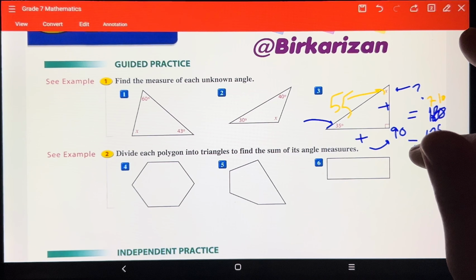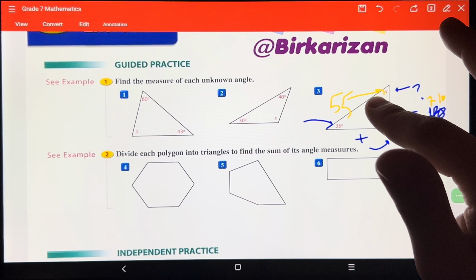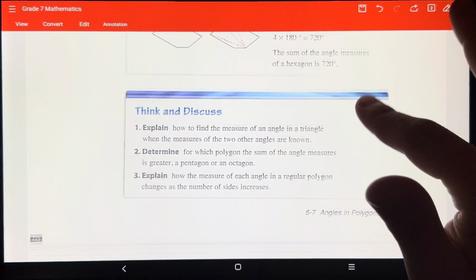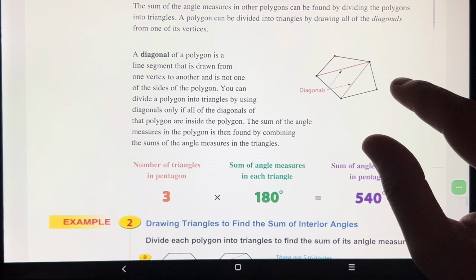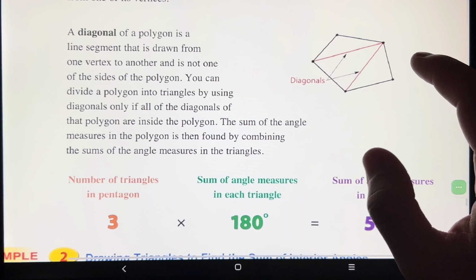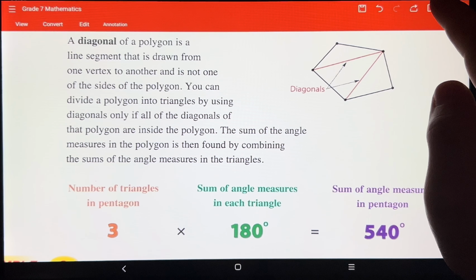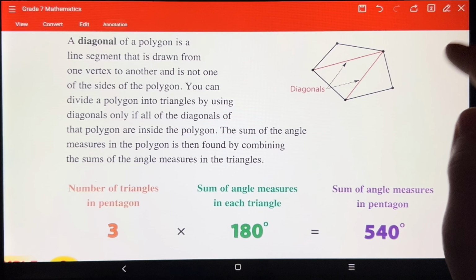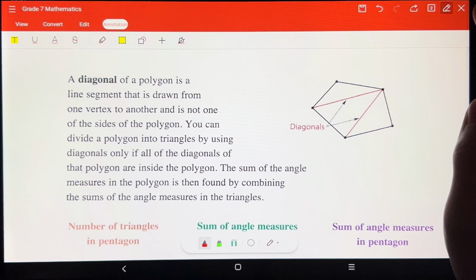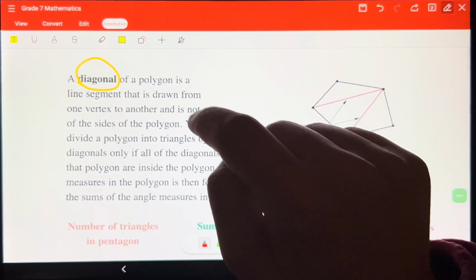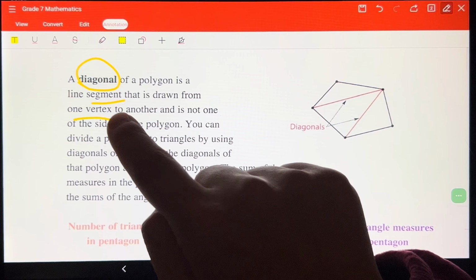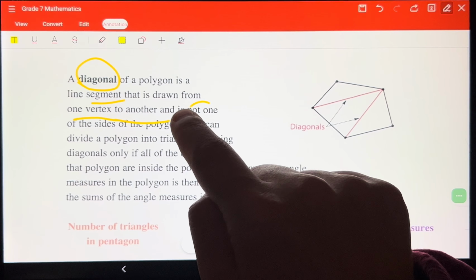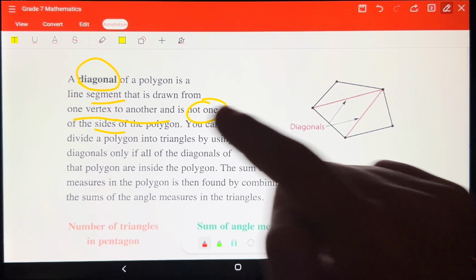In order to answer questions 4, 5, and 6, we can go back to the diagonal and study what a diagonal is. Please focus with me. A diagonal of a polygon is a segment drawn from one vertex to another that is not one of the sides of the polygon.